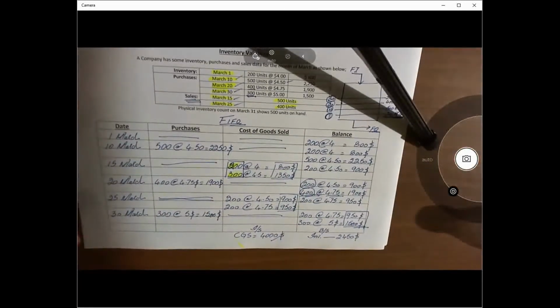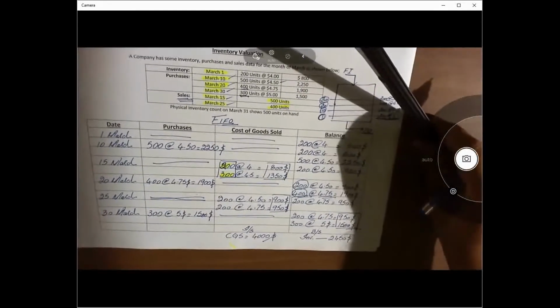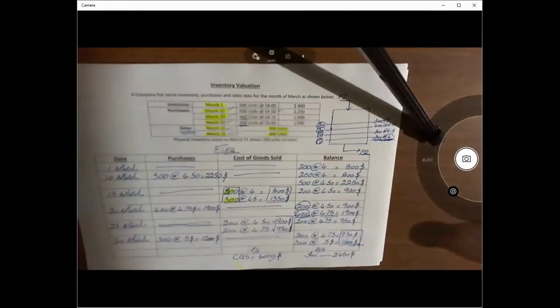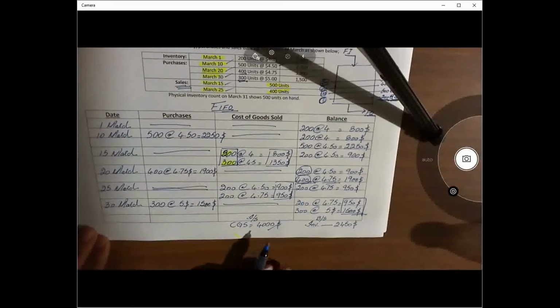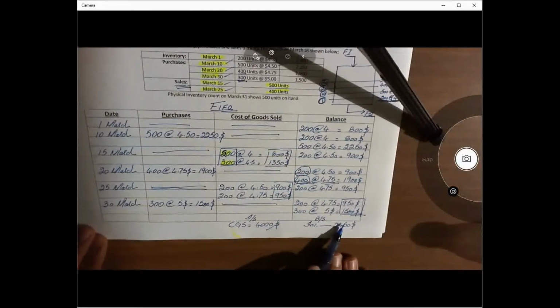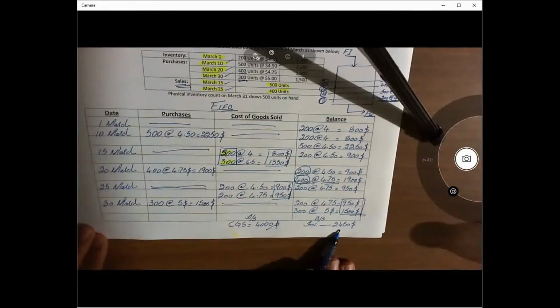So this is how we are going to value the inventory when we have the FIFO technique in front of us, first in, first out. You can see that we are reporting 4,000 as COGS, and we are reporting 2,450 as our inventory as an asset in the balance sheet.